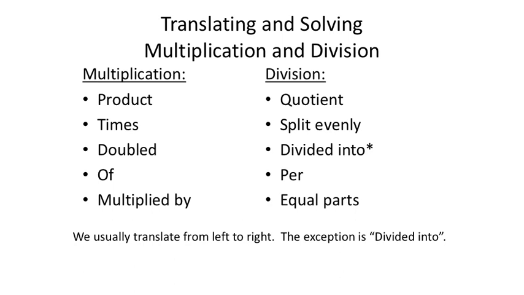Remember, in multiplication it doesn't matter which order it's in because of the commutative property of multiplication, but in division, order definitely matters. We usually translate from left to right, with the exception of divided into, because divided into will change the order. I guess we'll see some examples.